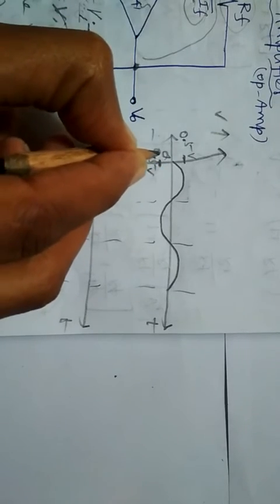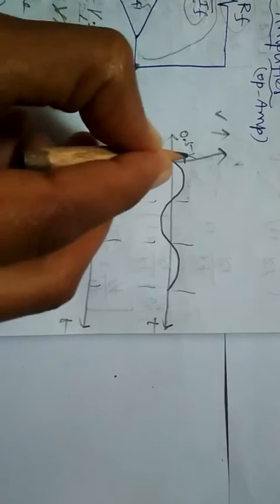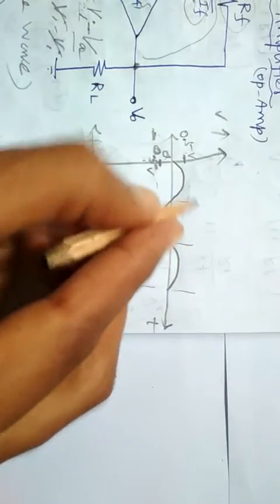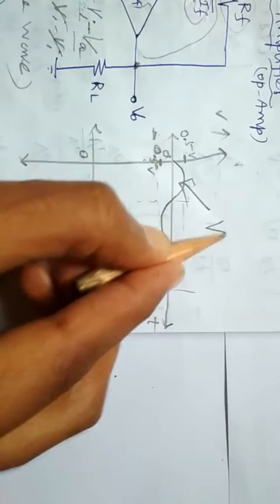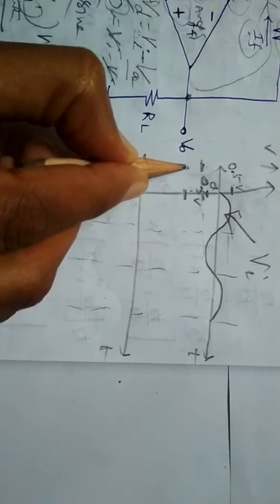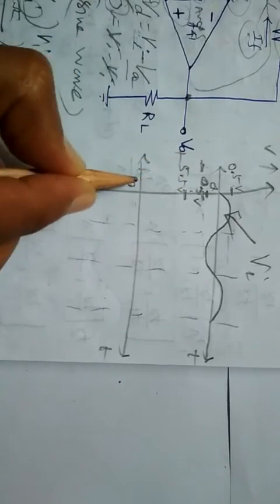Plus 0.5 to minus 0.5, the peak to peak value becomes 1. This is your input potential, Vi. For this 1 volt, you get 11 volts: on the positive side you choose plus 5.5 volt with respect to 0, and on the minus side minus 5.5 volt. So the peak to peak value is 5.5 plus 5.5, totally 11 volts.